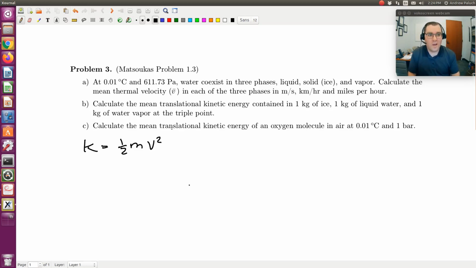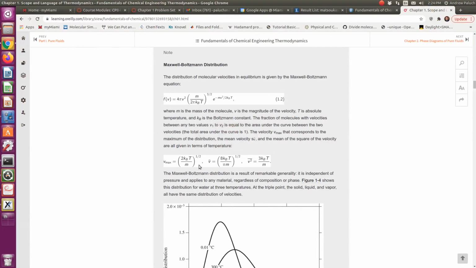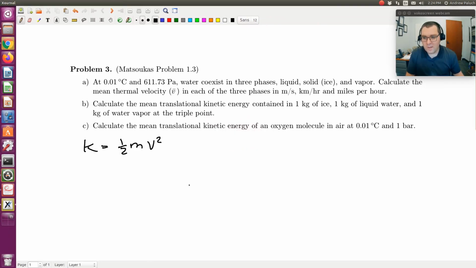All I mean by that is they also give you v bar, or v squared bar, the expectation value of my velocity squared, which is 3 kbT over m, which is different than this quantity squared. So when calculating my kinetic energy, K is 1/2 mv squared, I would use v squared bar, the expectation value of my velocity squared.